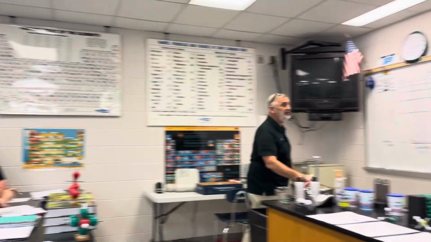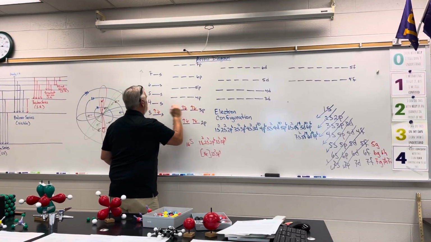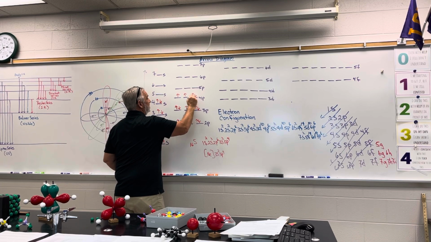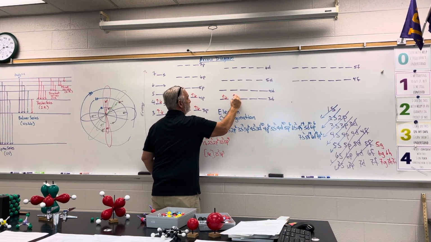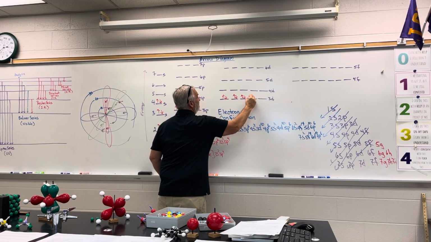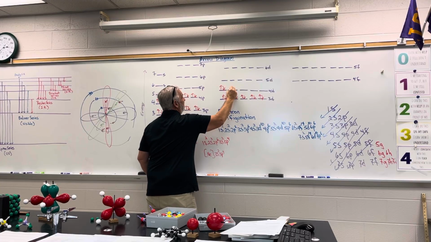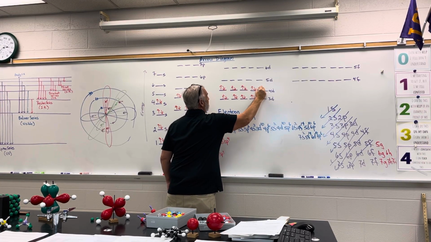So if I'm doing the arrow diagrams, I gotta fill this up all the way. I gotta go all the way up to 6P. So this gets filled. I'm not doing them in the right order, I'm just filling it up so I know where I'm stopping.